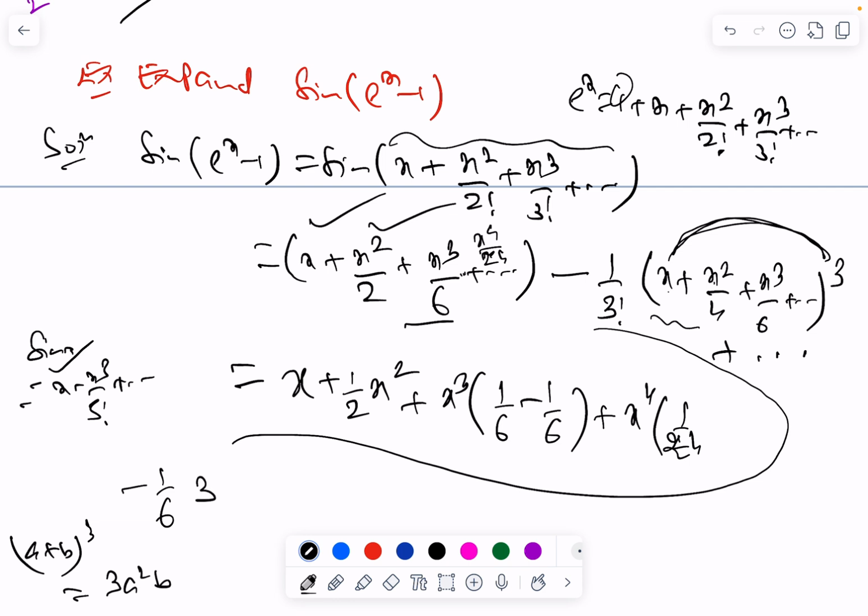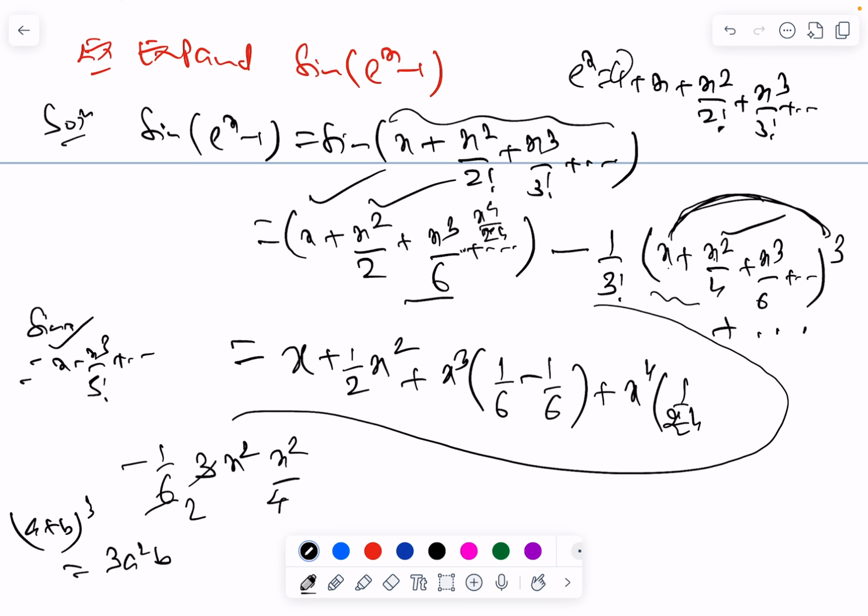So 3 a square means x square, b means x square by 2.